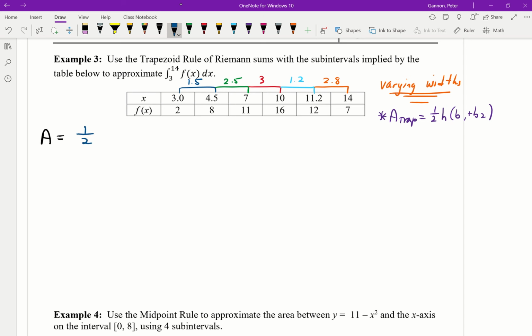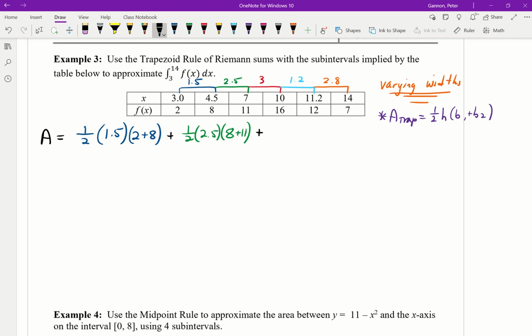So it's going to be 1/2 the height, which is the width of the interval, 1.5, times the sum of the bases, which are 2 plus 8. Plus, the next one I have in green, so we're going to have 1/2 the height, which is the width, so 2.5, times the bases, which is 8 plus 11.